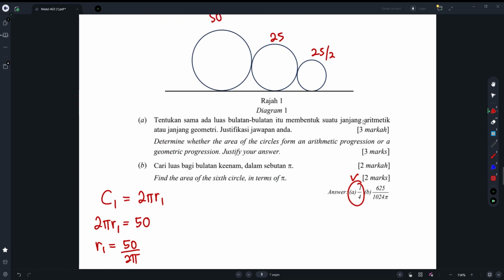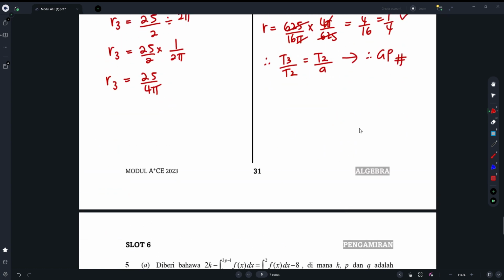Okay. Now we need to find the area of the sixth circle. That means term number 6. Very simple. In order to find term number 6, it is ar to the power of 6 minus 1, so ar to the power of 5. The first term, as per our question, is 625 over pi, multiplied by 1 over 4, the common ratio, to the power of 5.